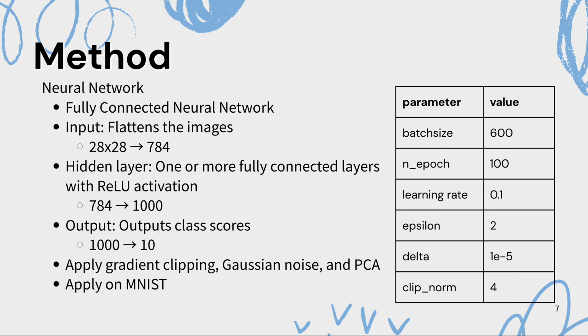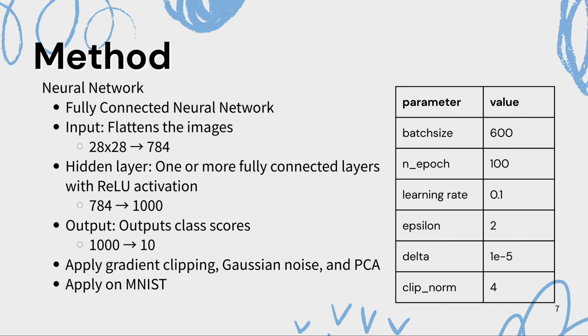The first method we use is a fully connected neural network applied to the MNIST data. In the model, each image is first flattened from a 28 by 28 matrix into a 784-dimensional vector. The output is then passed through one or more fully connected hidden layers with ReLU activation, expanding from 784 to 1000 dimensions.